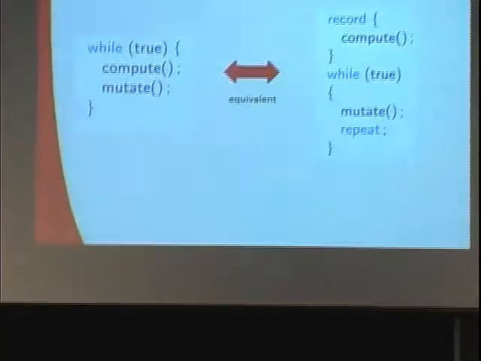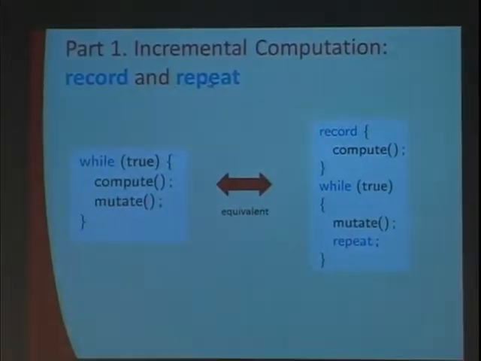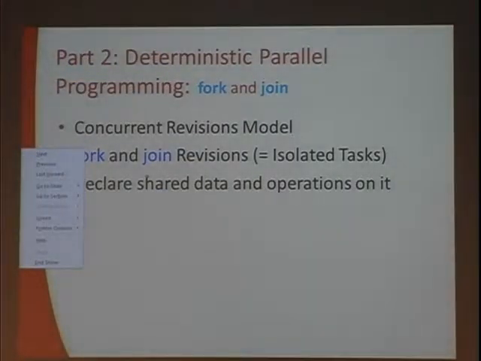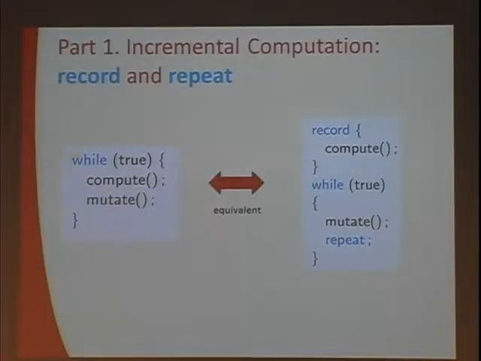Okay, so let's start first with the incremental part. What we do is pretty standard here. If we have this loop, how do we think about making it incremental? We essentially do loop unpeeling.